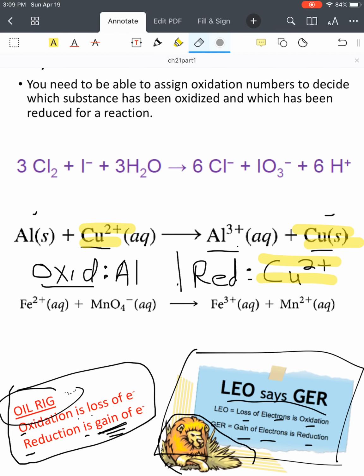Let's try a different example where maybe it's a little bit more difficult. I guess we can try this third one. In that third reaction, it looks like we've got some iron 2 plus going to iron 3 plus, right? So isn't that an increase of oxidation number?